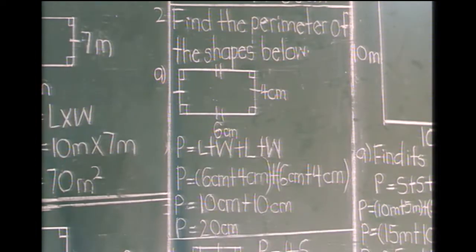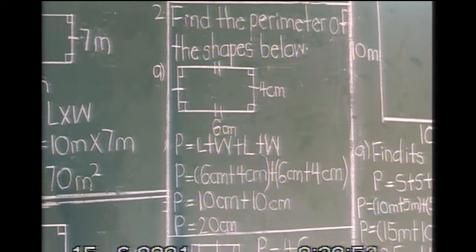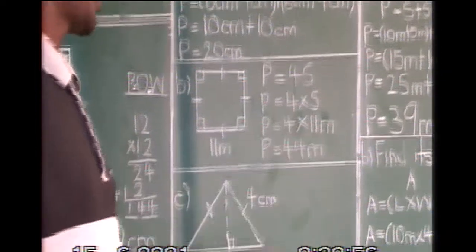And then go to B, find the distance around this shape. As I said before, this is a 4-sided polygon with all sides equal, then it is a square. We said the perimeter of a square equals 4 equal sides.